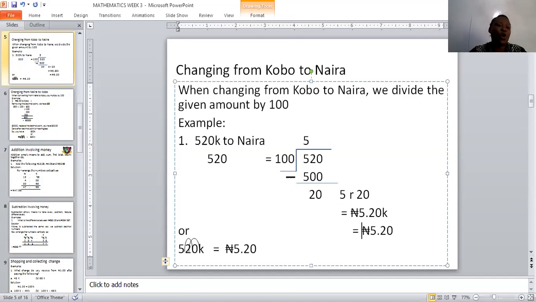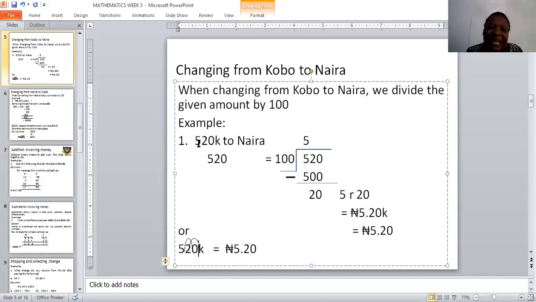at the end of a whole number, there is an invisible decimal point. So you take that invisible decimal point at the back of the whole number. The whole number is 520 kobo.